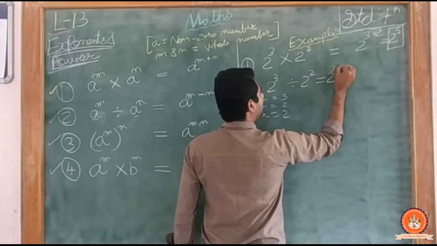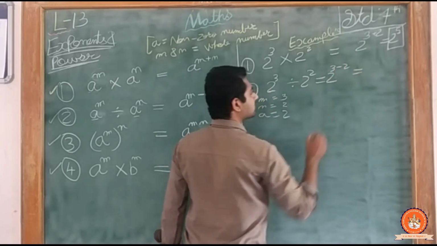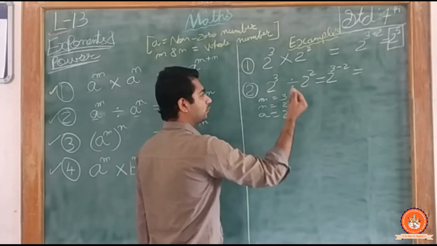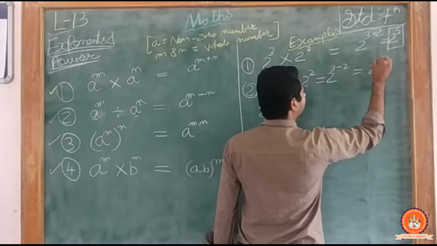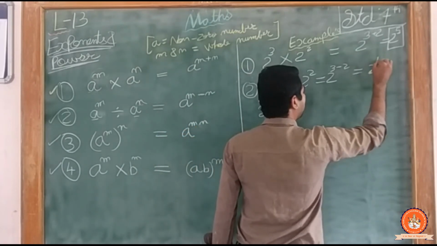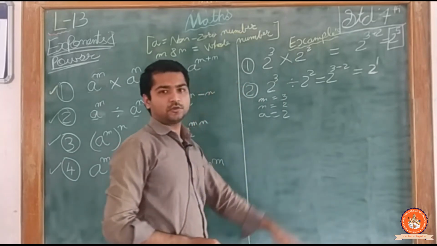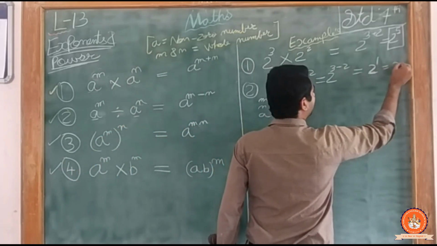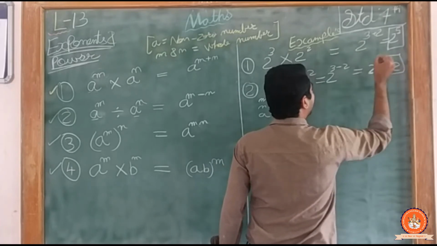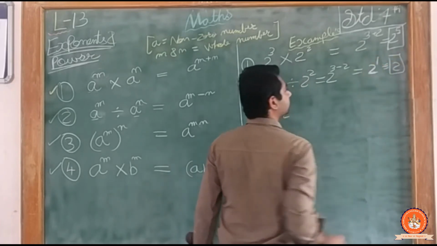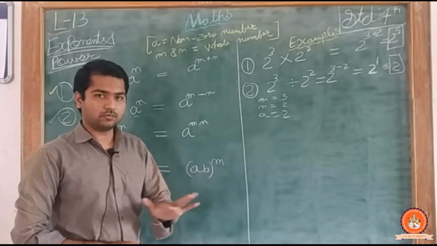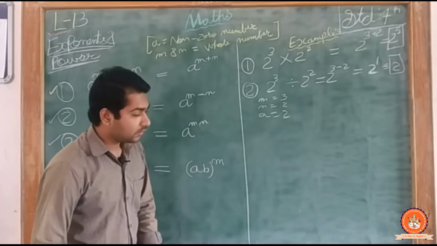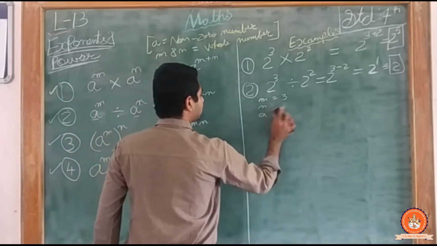So 3 minus 2 means 2 raised to 1. So 2 raised to 1 is your answer. You can also write that as equal to 2. Both are the same, 2 raised to 1 or 2. It depends upon you. So, have you understood?